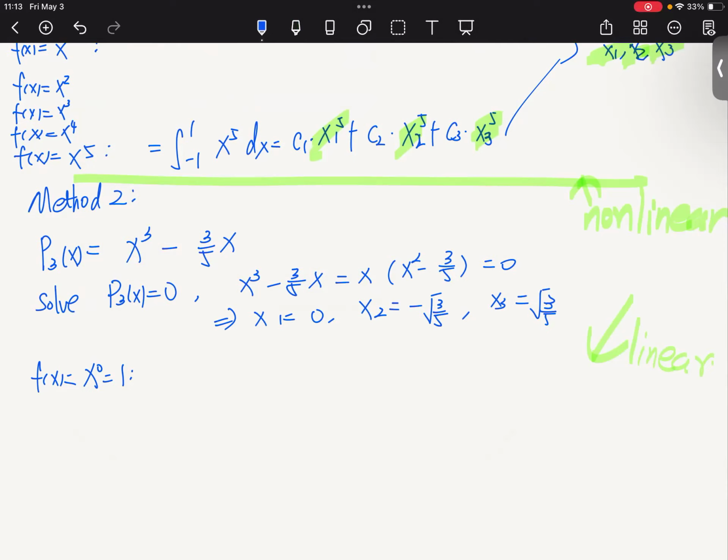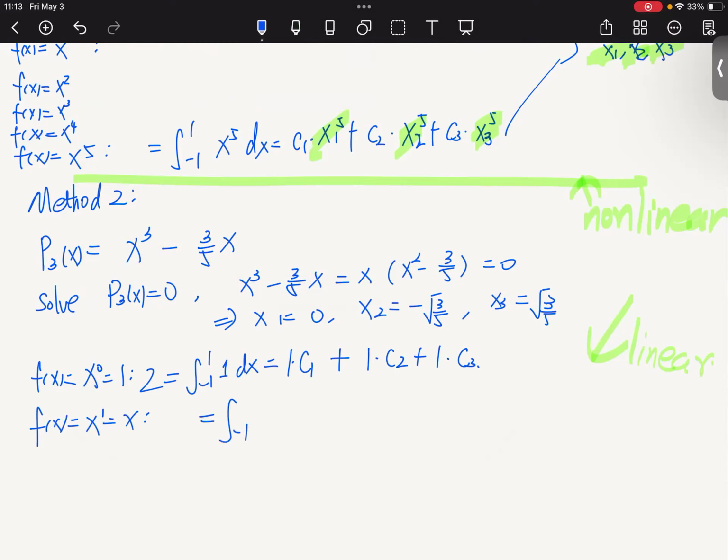So here you are doing the same plugging in, but here you have 1 times C1, plus 1 times C2, and then 1 times C3, right? But the good thing is that once you get to f(x) equals x to the order 1, it's just x, right?